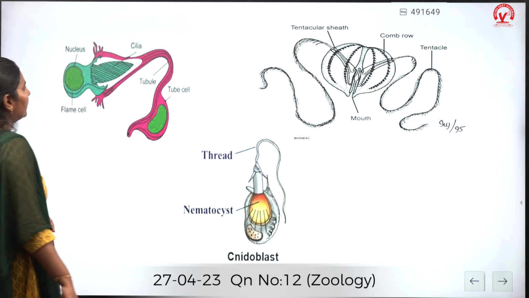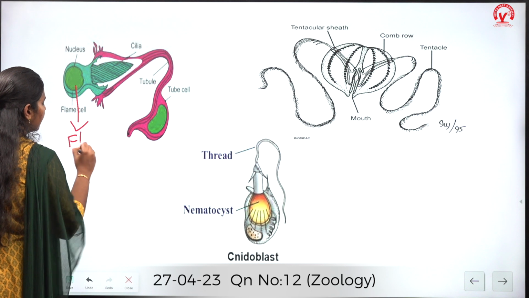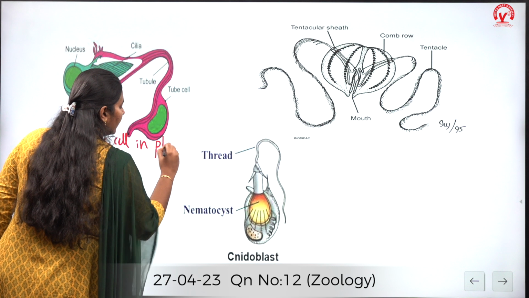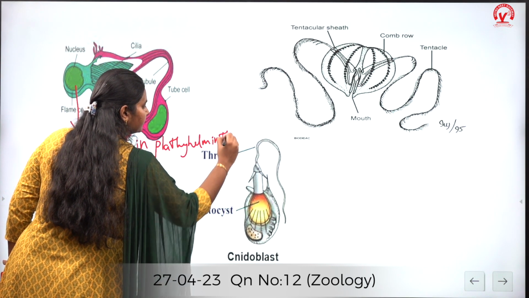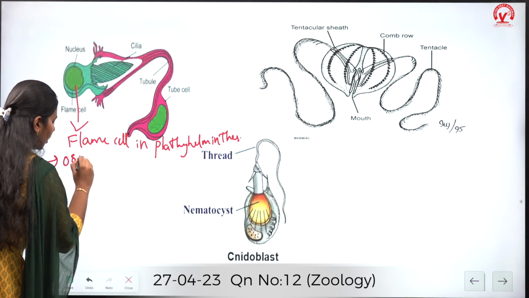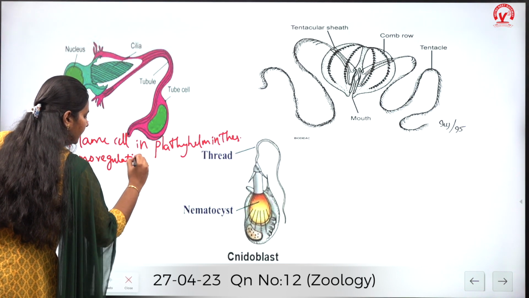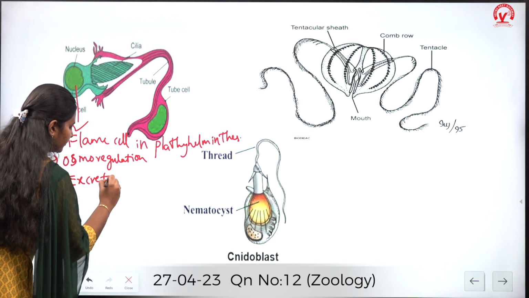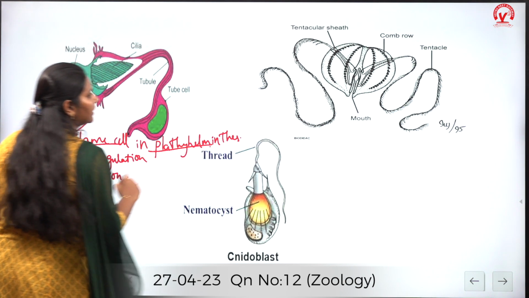First, Platyhelminthes usually possess flame cells, which are helpful for osmoregulation and in excretion. So flame cells are usually present in Platyhelminthes.